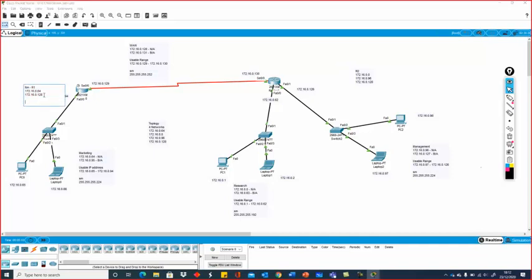We're missing 172.16.0.0 and 172.16.0.96. These are the missing ones that we have to place in the router. Is that okay?